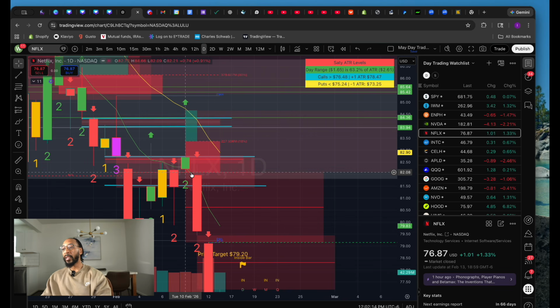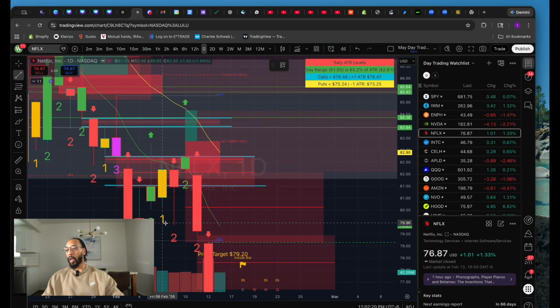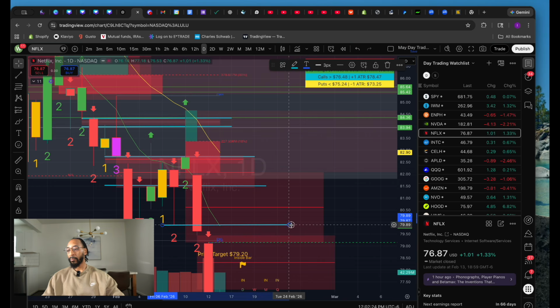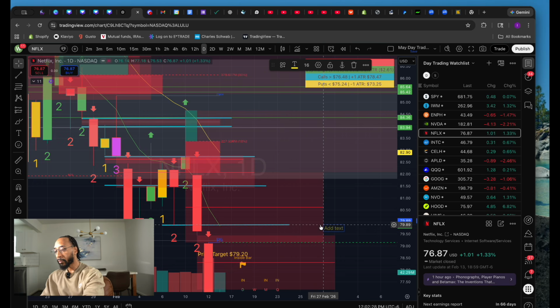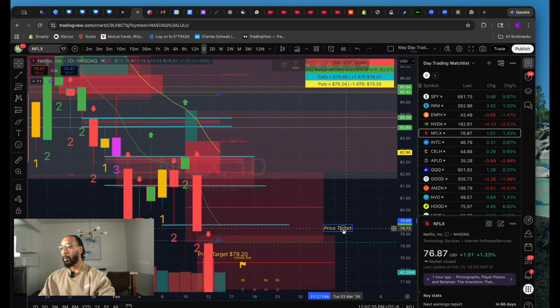I told you guys, puts below 82.08, we got into puts, right? So the price target on that day was right here at 79.87. Okay? So I'm going to put price target right here. So the price target was 79.87.